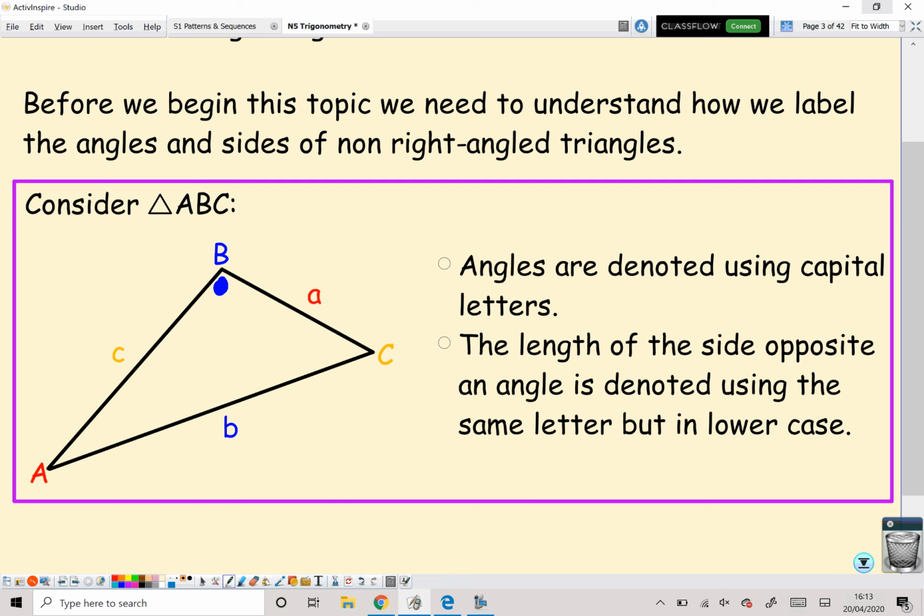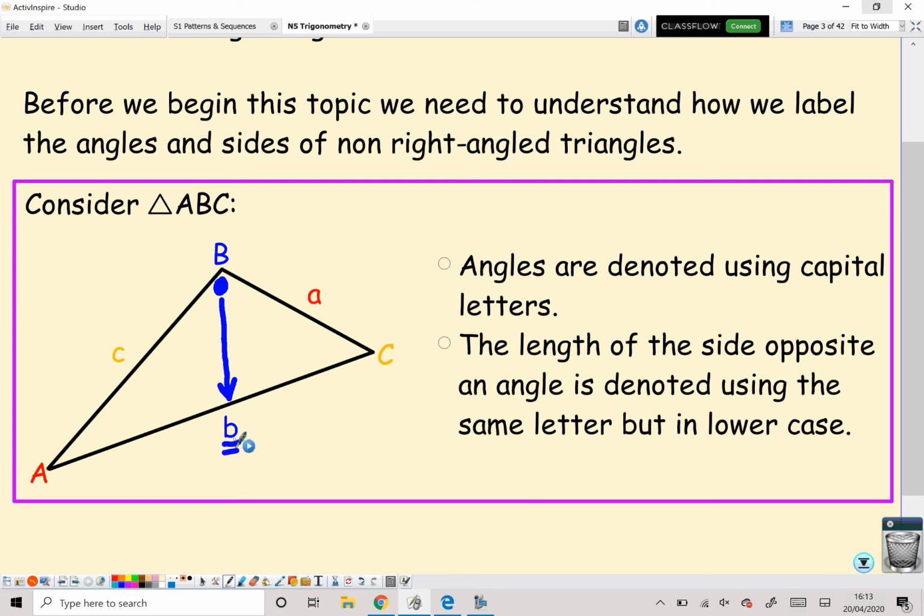If I was wanting to refer to its side, then the length of the side opposite the angle is using the same letter, but with a lowercase. So if there's angle B, then opposite it is side B. And we use lowercase b so that we don't get confused with angle B. Okay, so up here we've got angle B, opposite it side b in lowercase.